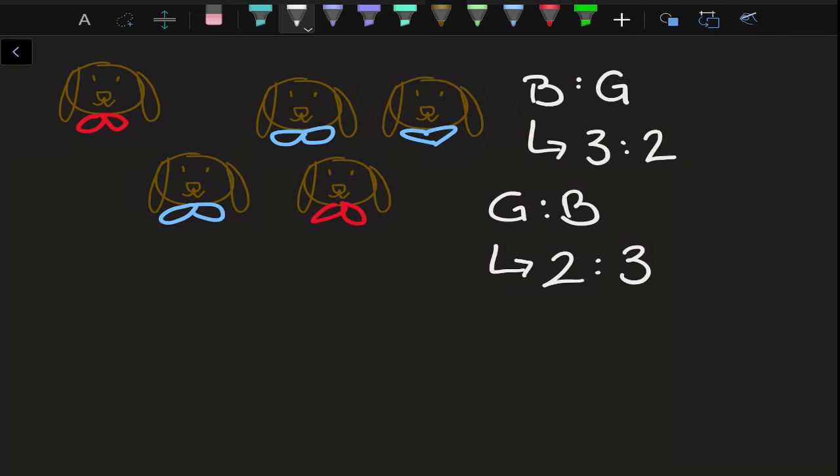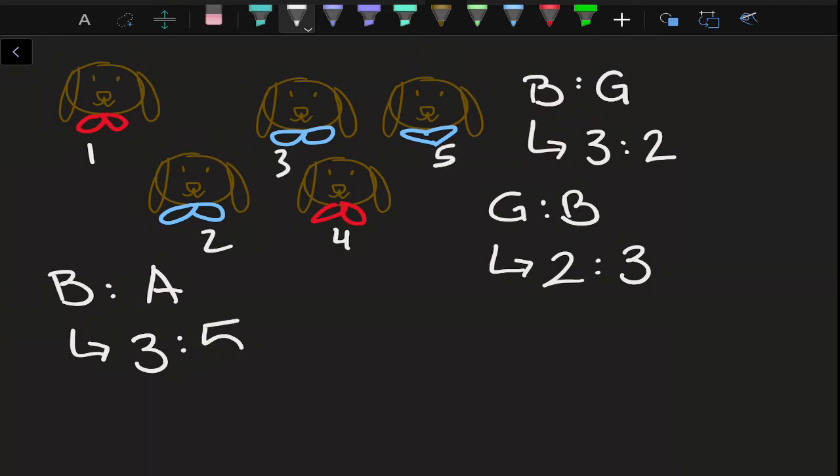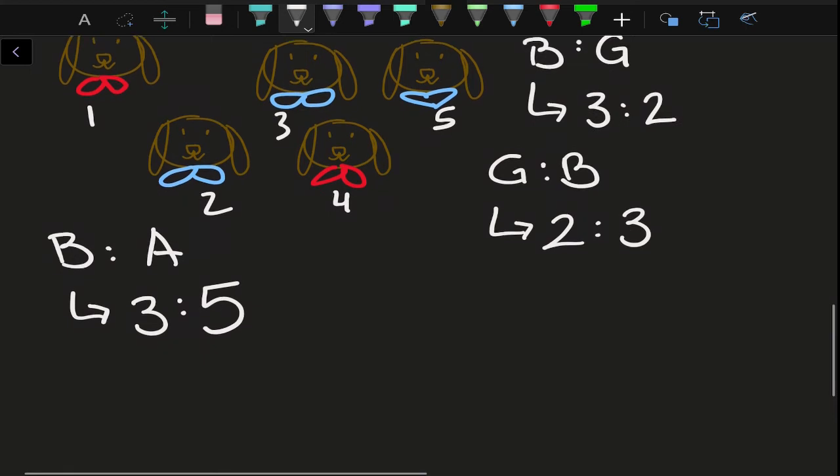Now if we want to compare the parts to the whole, we can take the ratio of boys to all dogs, which is, well, there's still only 3 boys, but there are 1, 2, 3, 4, 5 dogs, so it's 3 to 5 as a ratio.